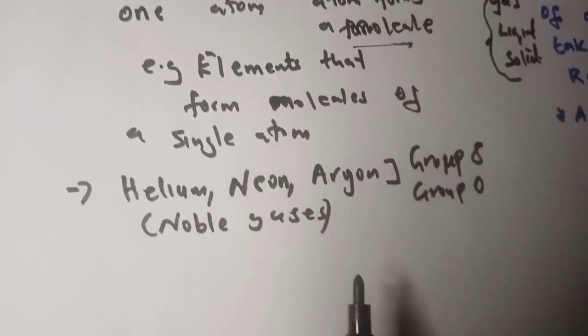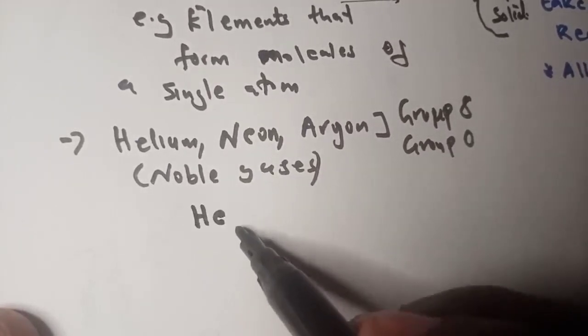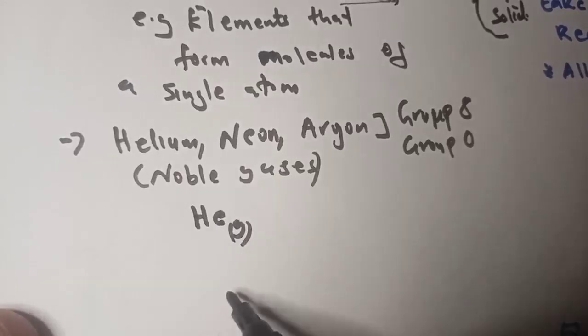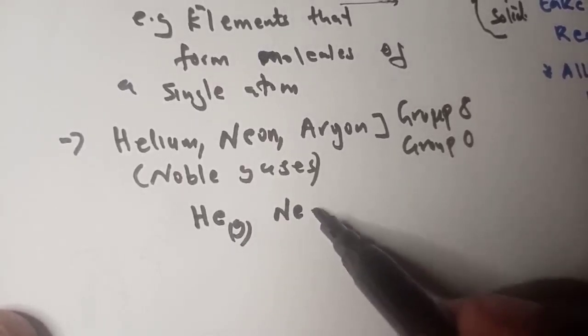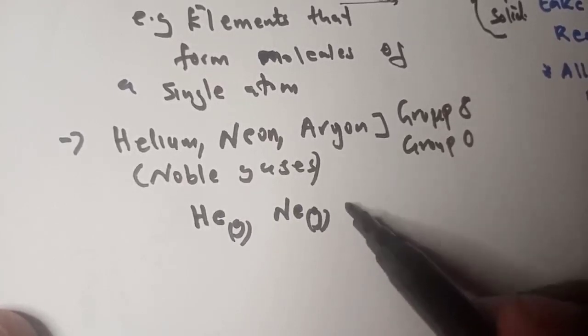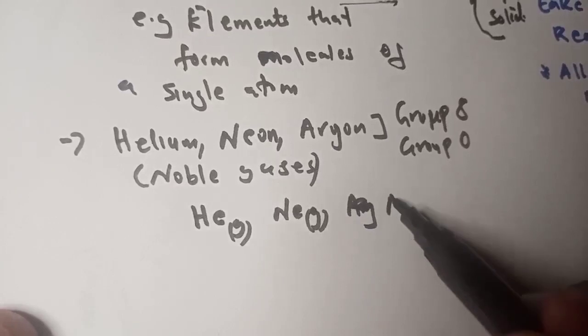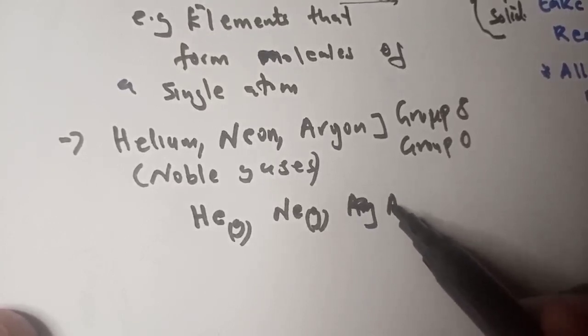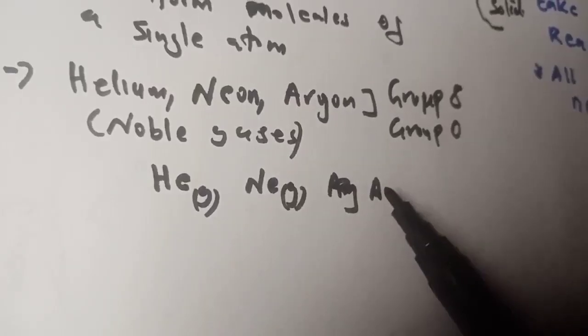So if you were to write these, you're just going to write He as a gas. You're simply going to write Ne as a gas, or argon, Ar as a gas.